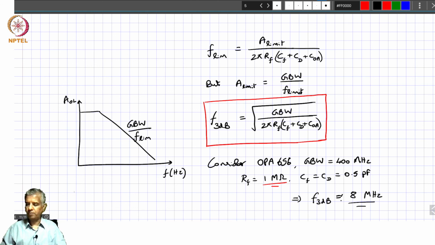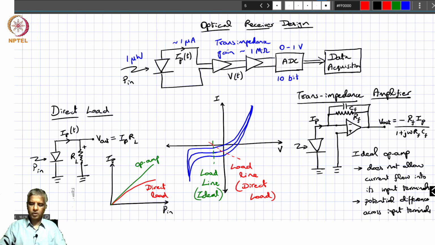Okay. So if 3 dB has to be 10 times more, RF has to be dropped by a factor of 100 because it's actually coming into the root, right? So then you ask the question, if you go back to this application, I want 1 megohm transimpedance gain. I can get only 10 kilohm transimpedance gain from this stage. So I need a further 100 to get this overall gain.